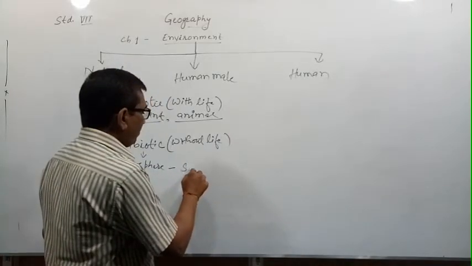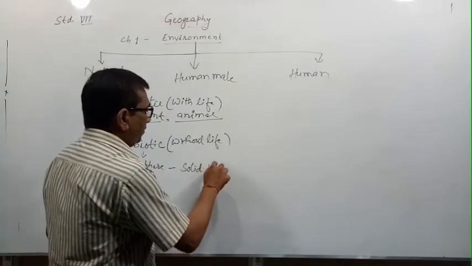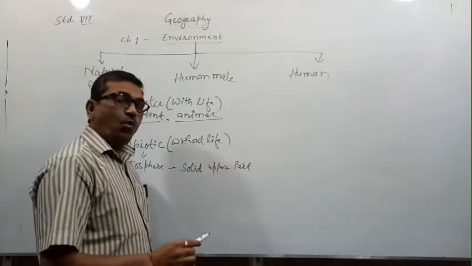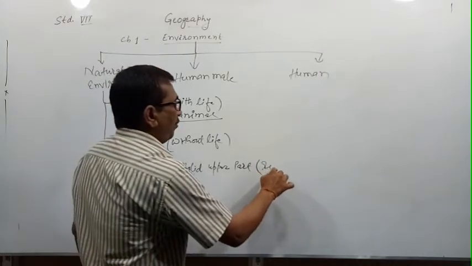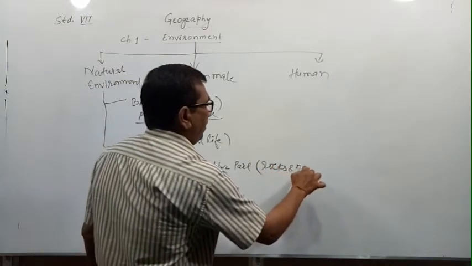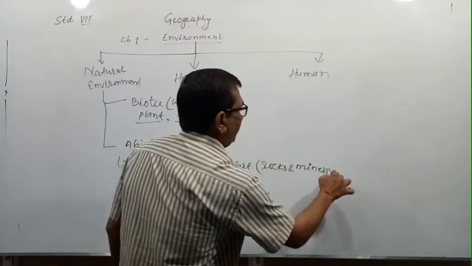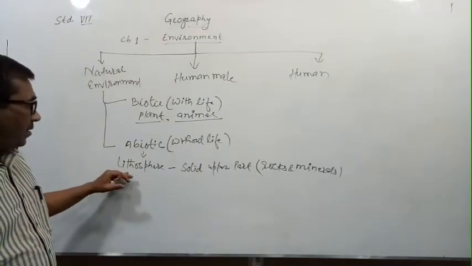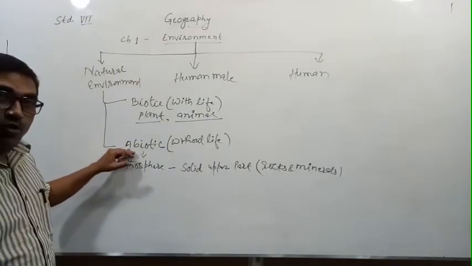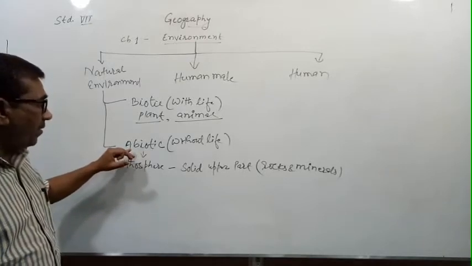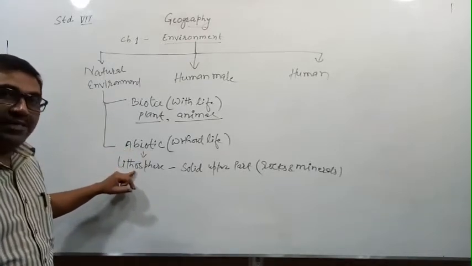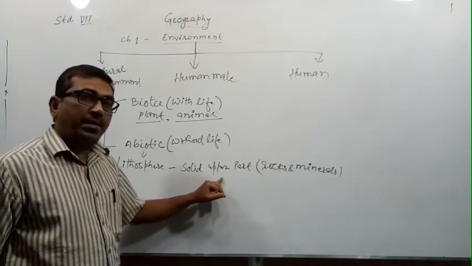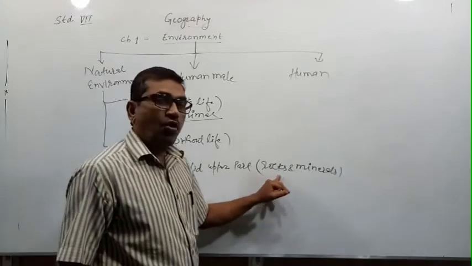Abiotic environment, the first part we will discuss is the lithosphere, the land part. It is the solid upper crust, made up of rocks and minerals.